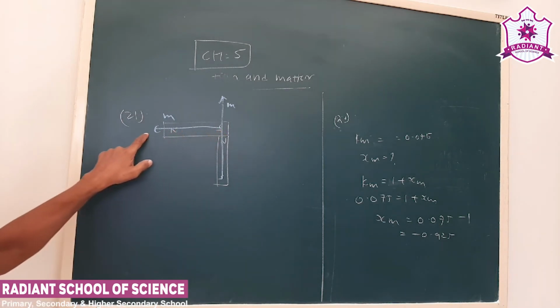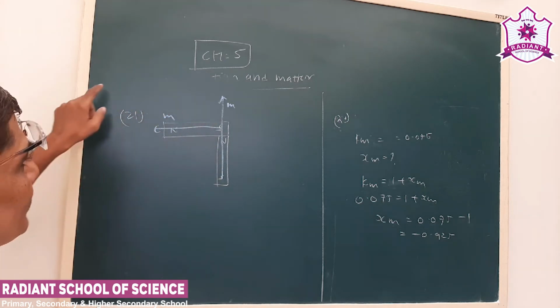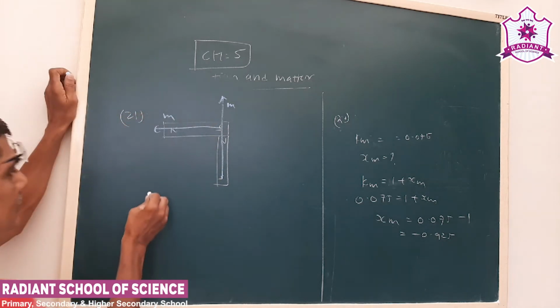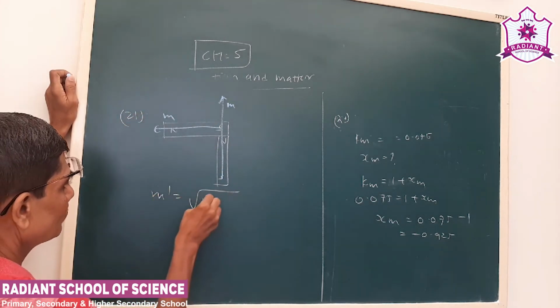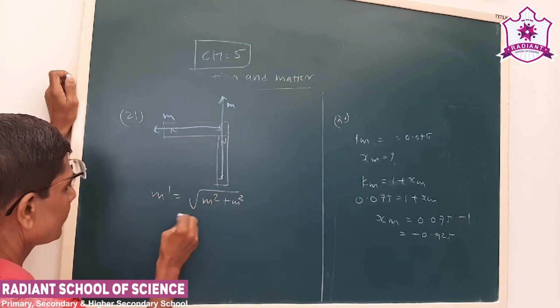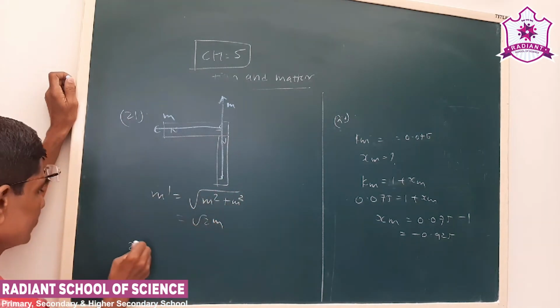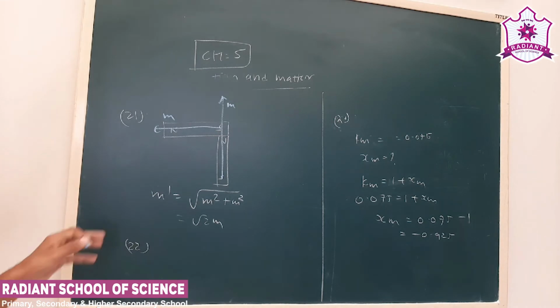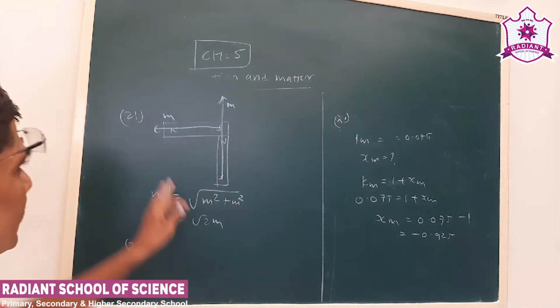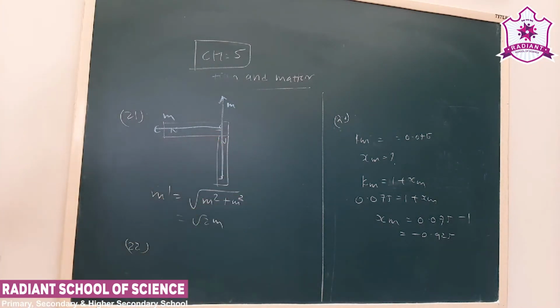The dipole moment is a vector from S to N, here also S to N. Both are at right angle, so m dash is root of m square plus m square, which will be root 2 m. So the new resultant dipole moment of the system of bar magnets shown like this is root 2 m.